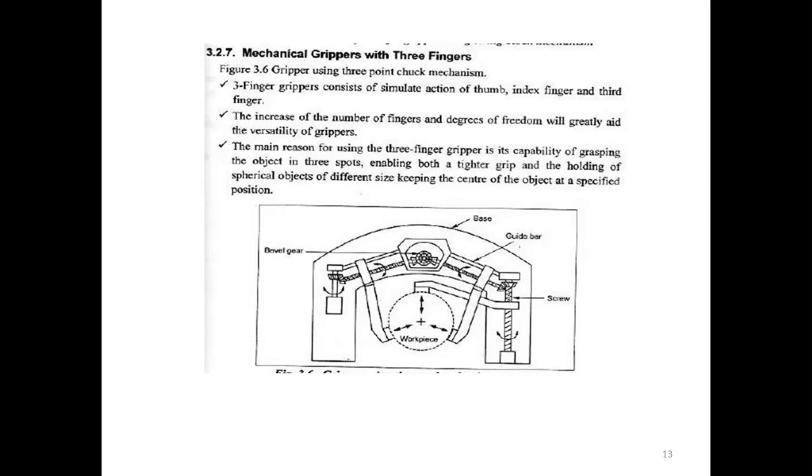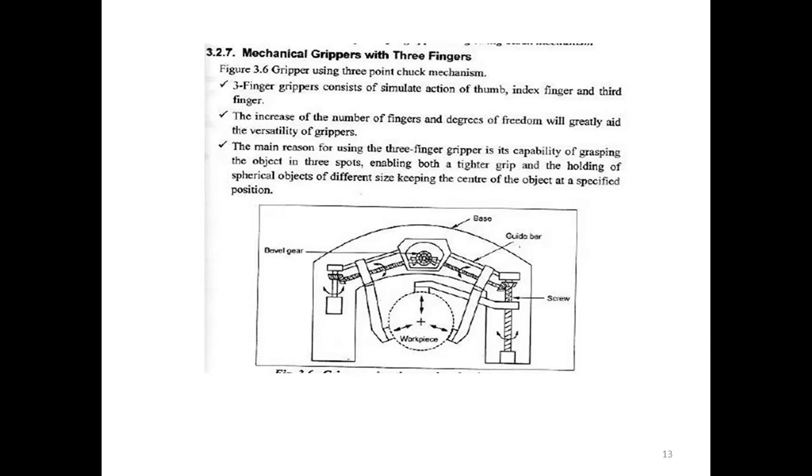Where do we use these finger grippers? We have adaptive grippers. They have multiple fingers made from malleable soft materials. They are designed for gripping round, irregular, and delicate objects. When we talk about the three finger adaptive robot, it adapts to the object shape for a solid grip.